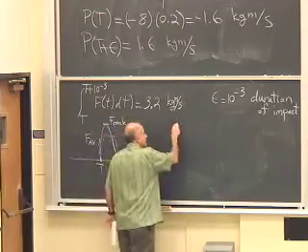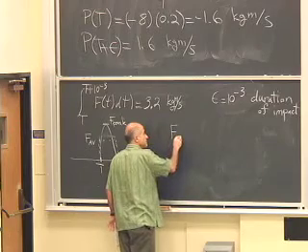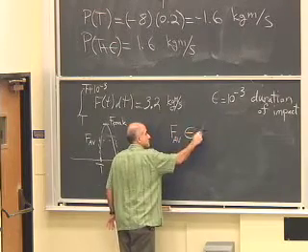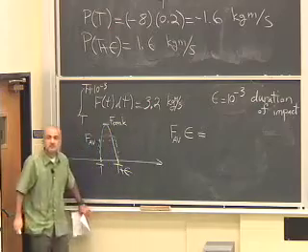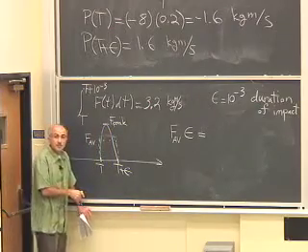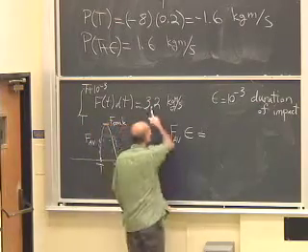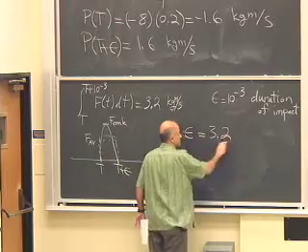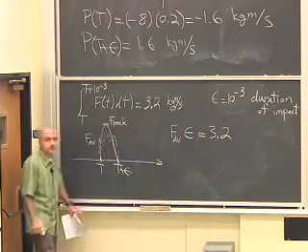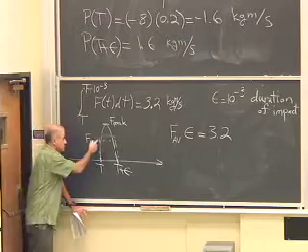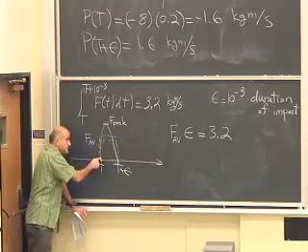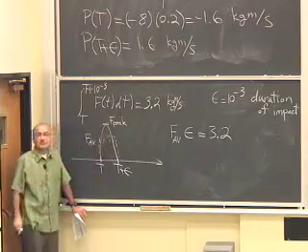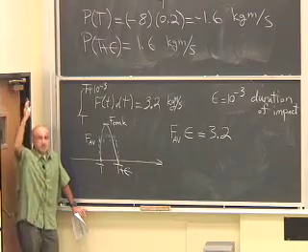What is F average times epsilon? It's 3.2. So the area under that rectangle, I'm saying, is the same as the area under that curve, whatever it is. So I'm not even worried about the peak.